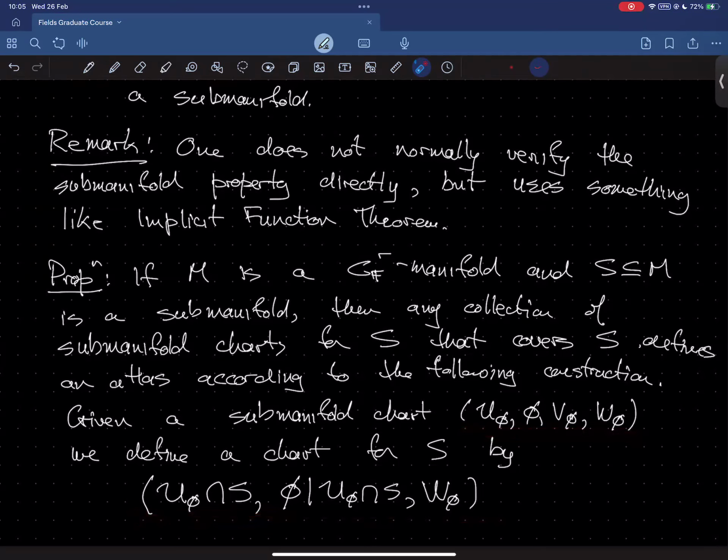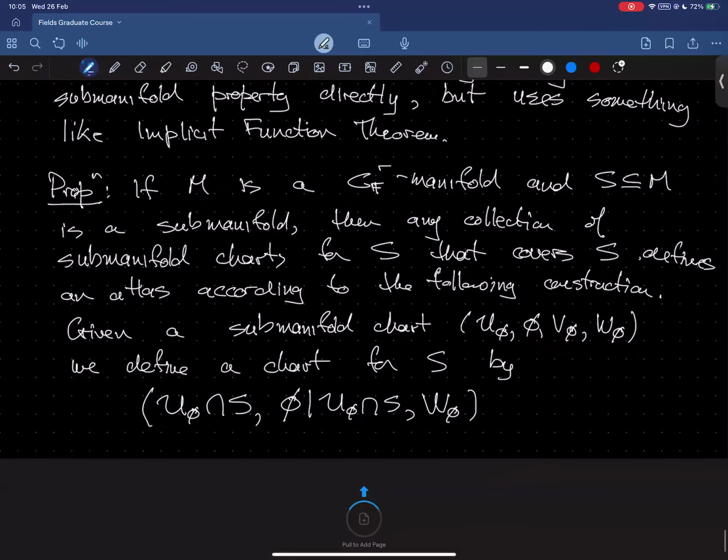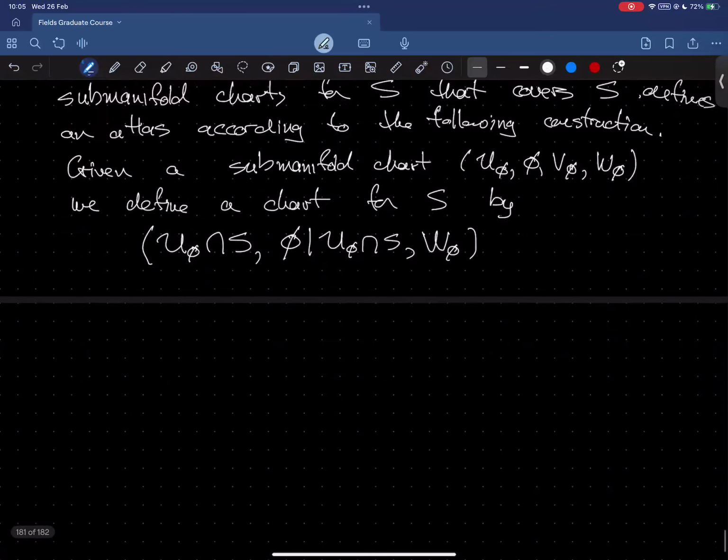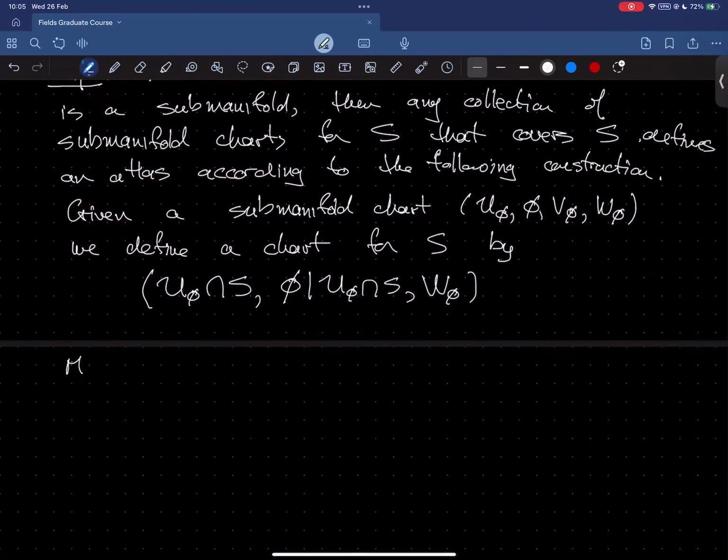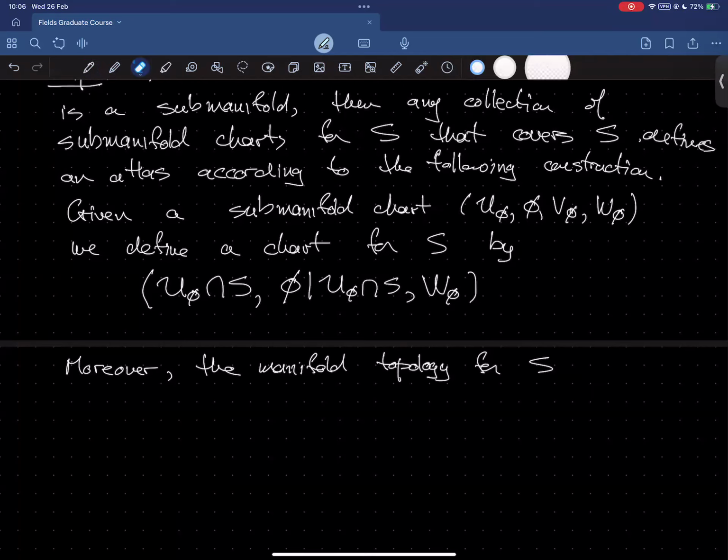And I need to show that it's a chart, and that two different charts that intersect satisfy the overlap condition. Before I prove that, let me finish the statement. So moreover, the manifold topology on S agrees with the induced topology from M.